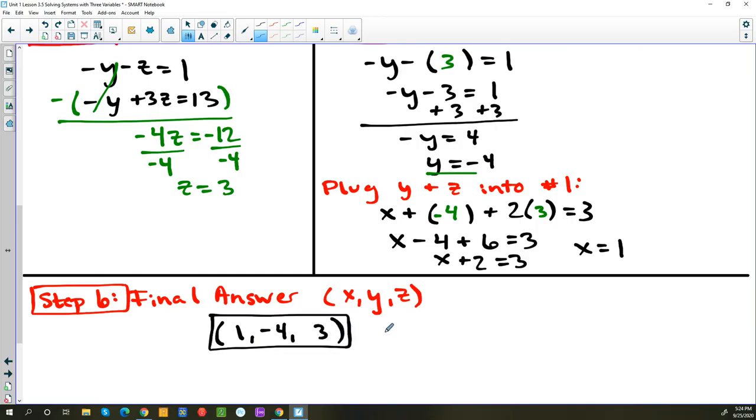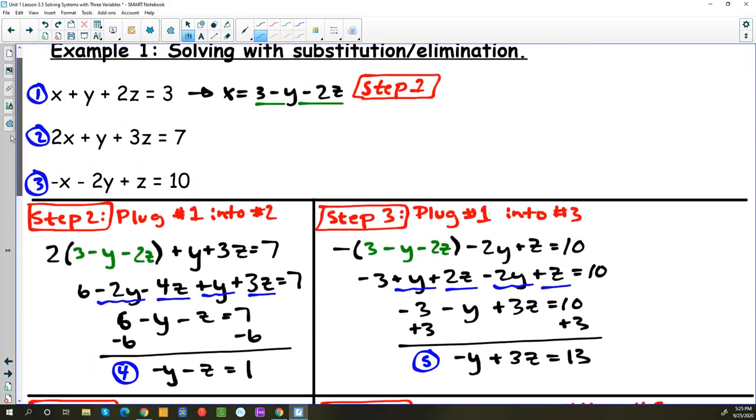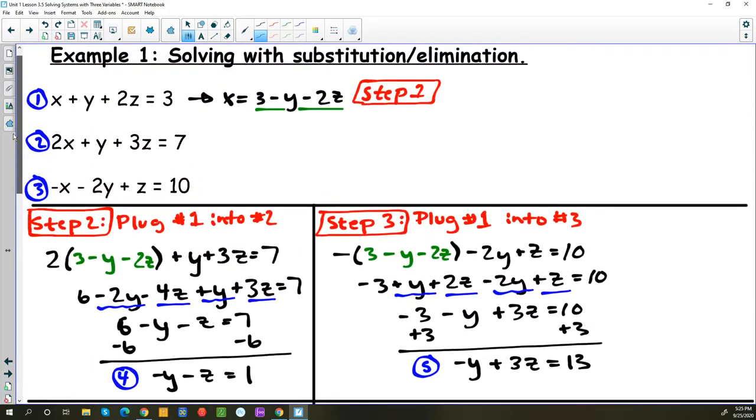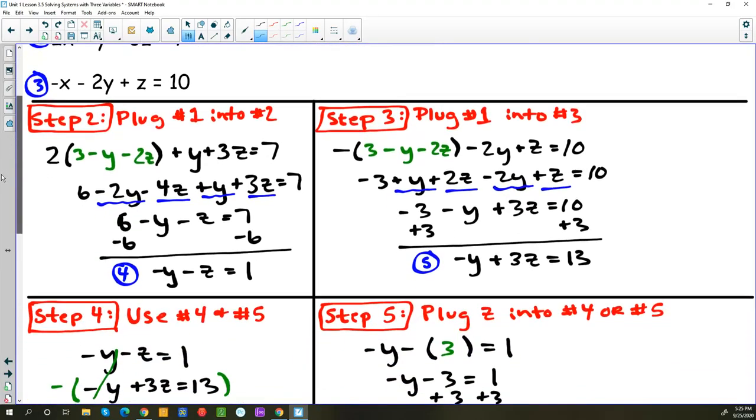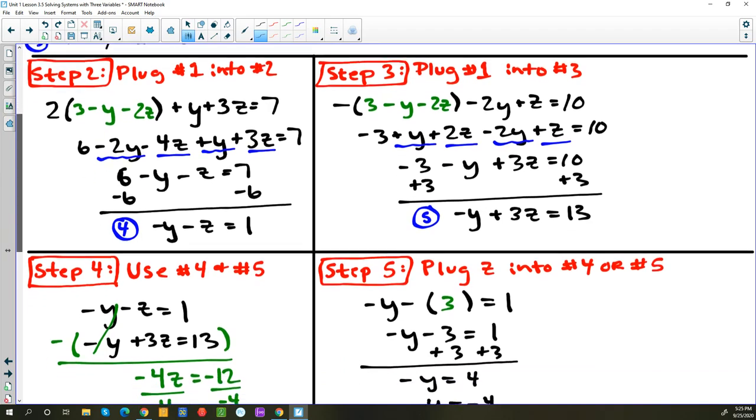All right, so I went through this one pretty slow just so that you were able to see each step and what I was doing for each step. So just to recap, first we isolated in step 1. Then we plugged what we isolated in to number 2 for step 2 and number 3 for step 3.